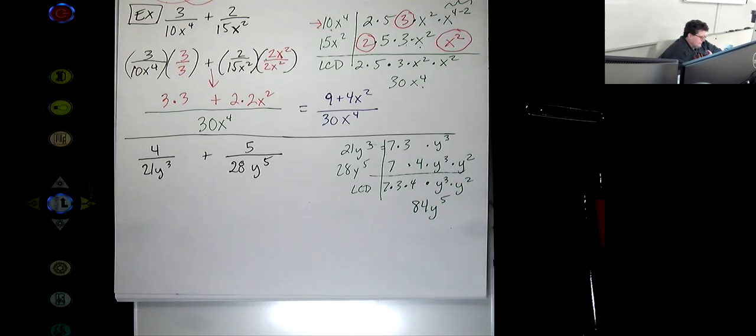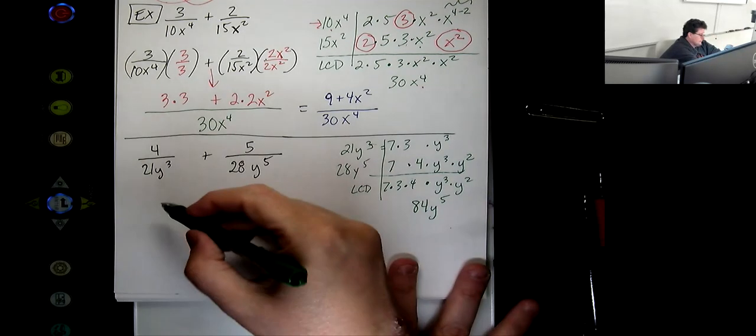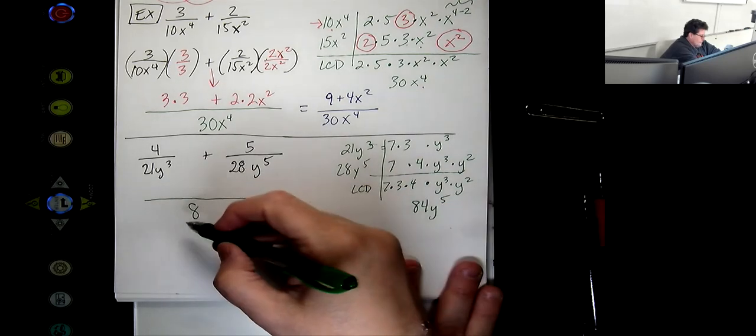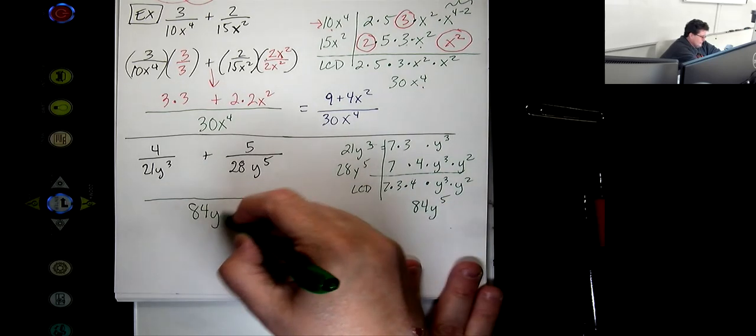Getting 84y to the fifth for the bottom. Did you guys get that? Just to make sure everybody's on the same page, I'll pause and let you guys continue working if you're still working on it.